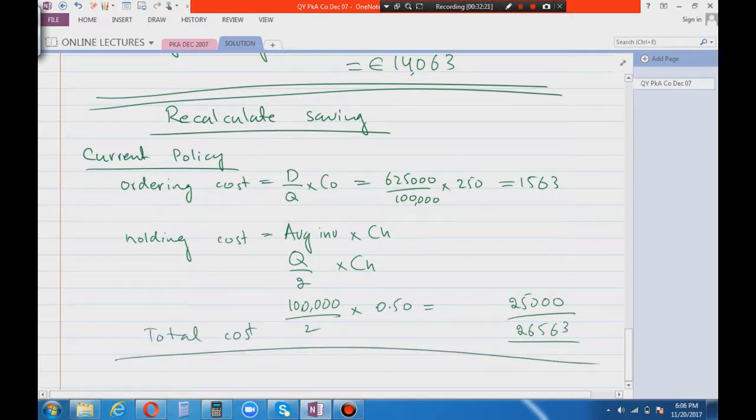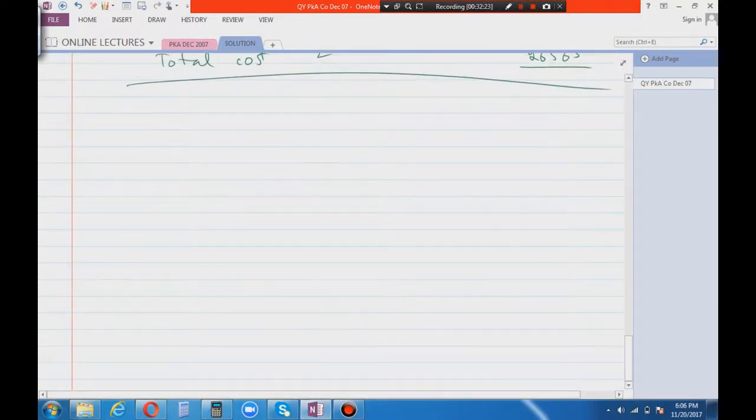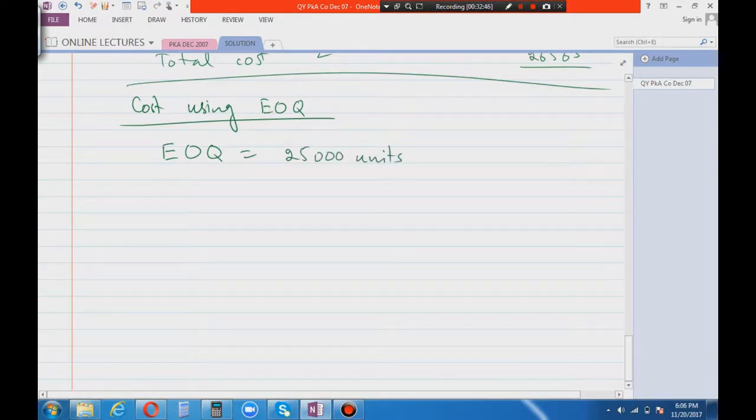Now the total cost using economic order quantity. Well, we said that the economic order quantity, as we calculated above, was 25,000 units, right?